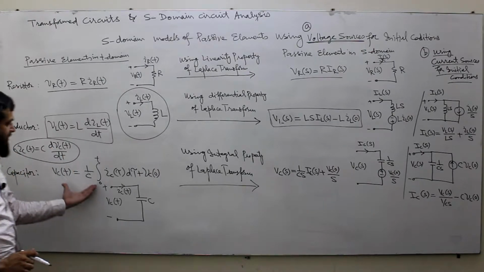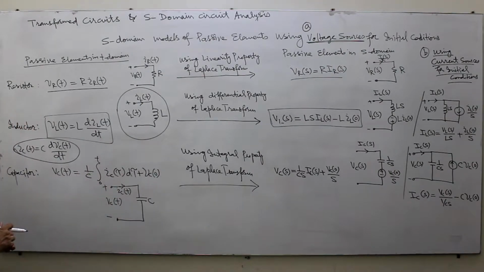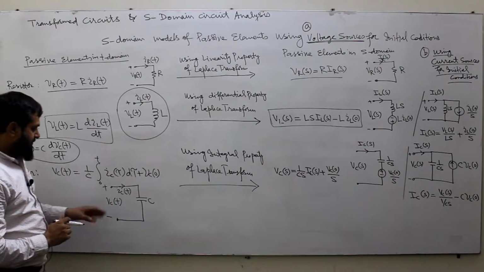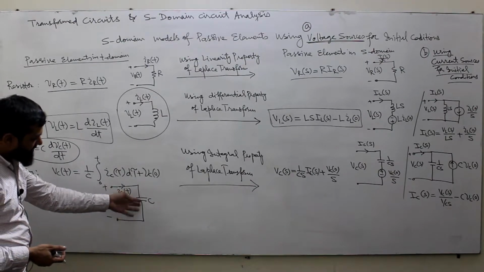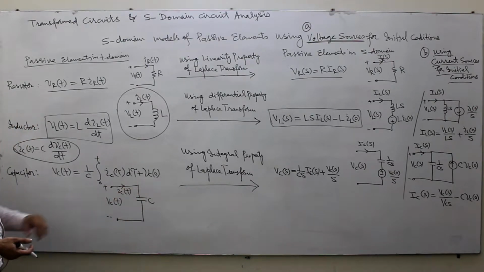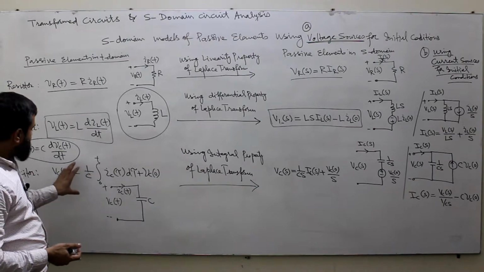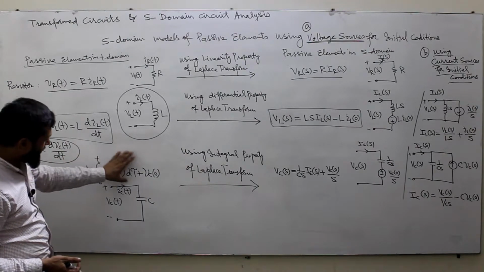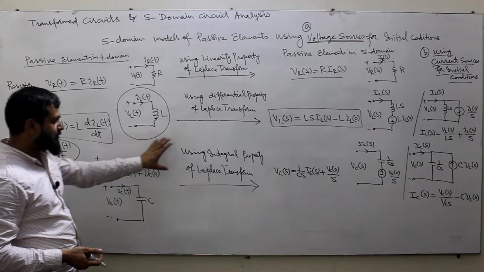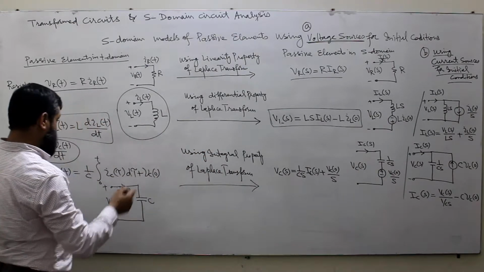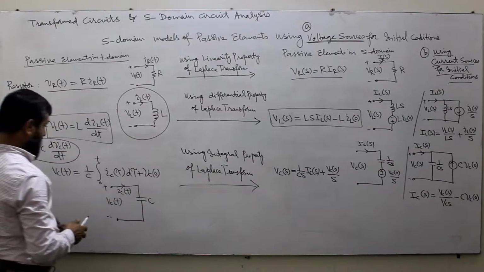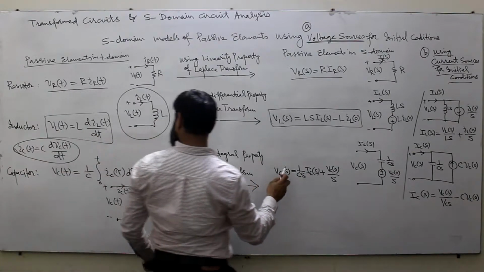This will turn into an integral equation, and in the time domain we can simply present it with the capacitor and the source. Since this is in the form of an integration, we will have to use the integral property of the Laplace transform, and using that, what we are going to get is this one.